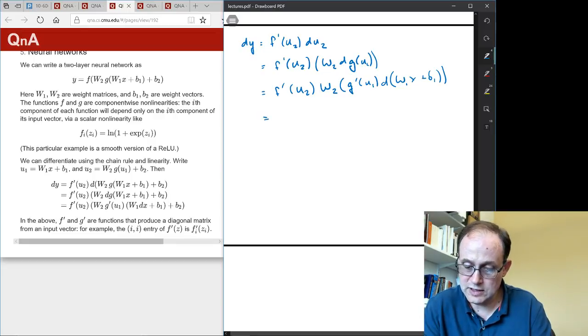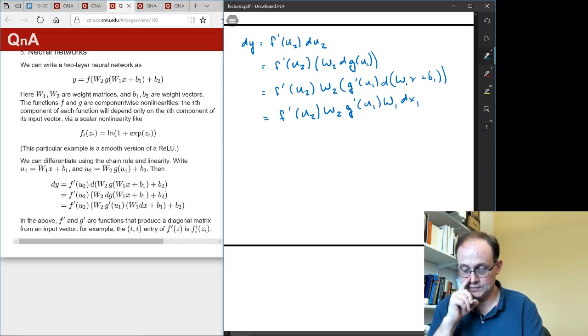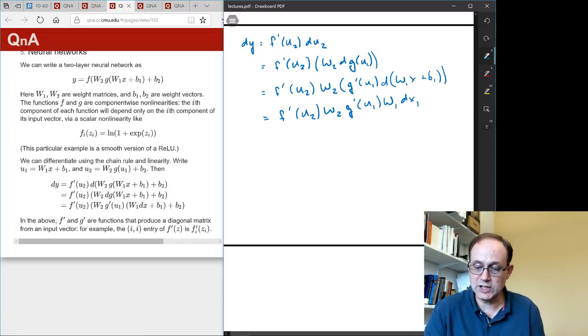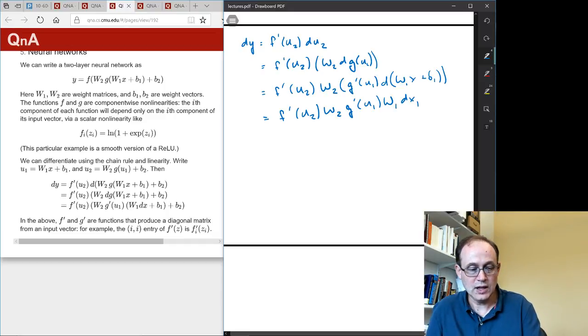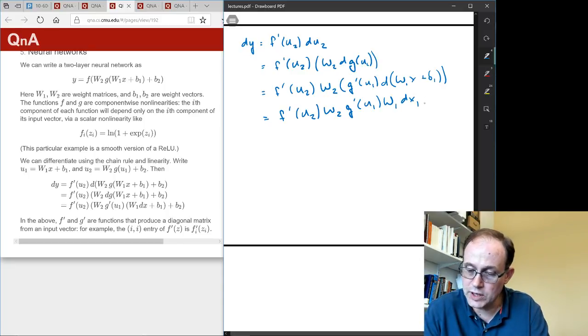And then this is equal to f prime of u2, W2, g prime of u1, W1 dx. And so in this expression here, just to type check, it's dx, not x1, just x.